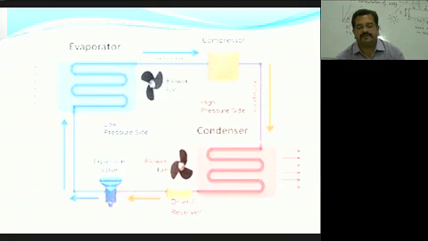Here we can see a basic concept of air conditioning. We have two zones: one is the hot zone and the other is the cool zone. In the hot zone we have the condenser and the compressor, and in the cool zone we have the expansion valve and evaporator.